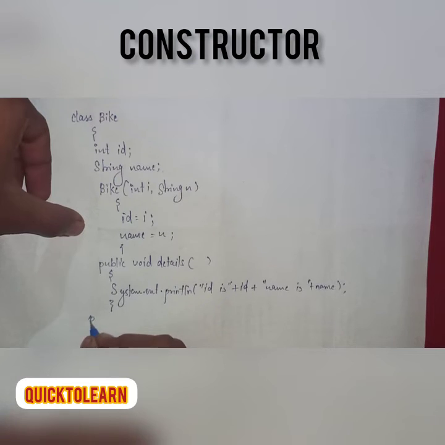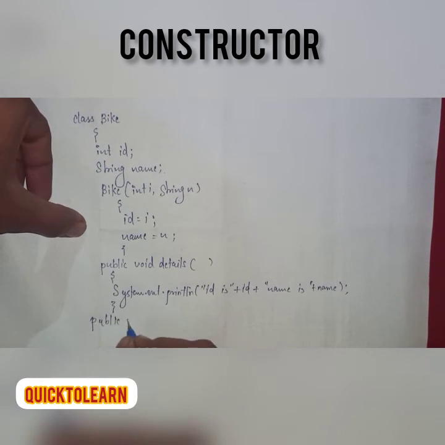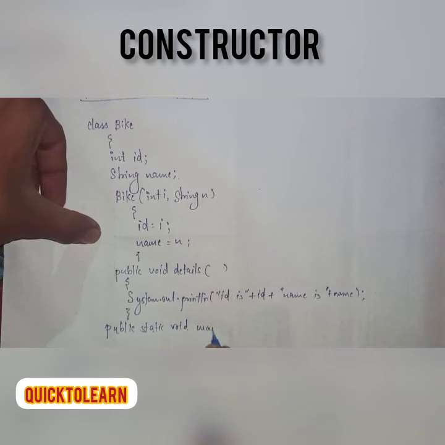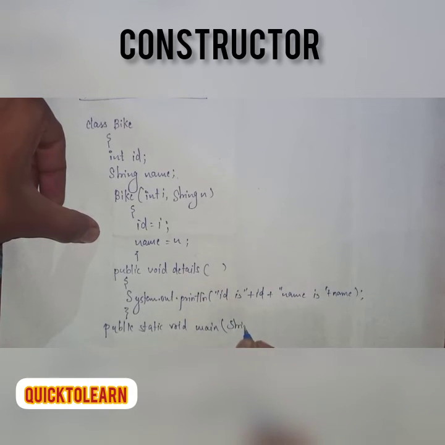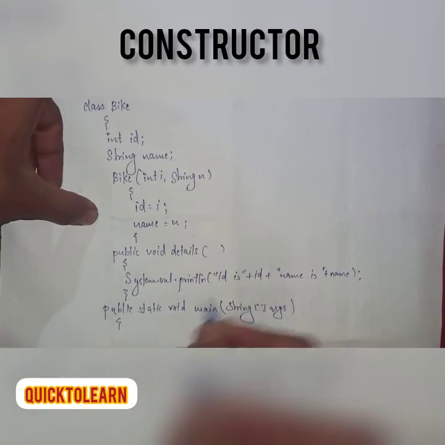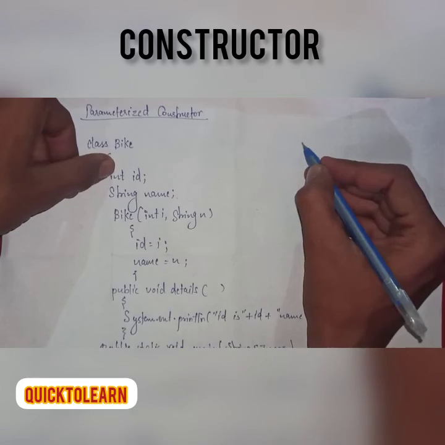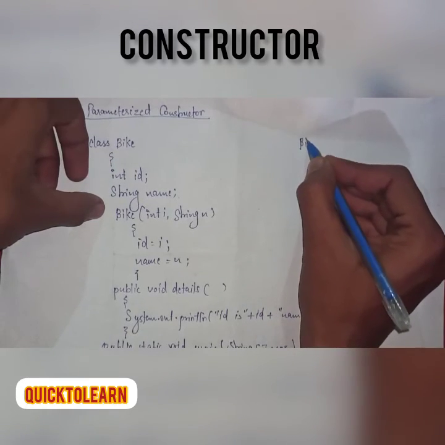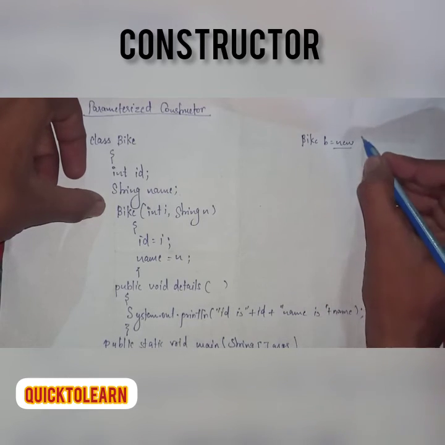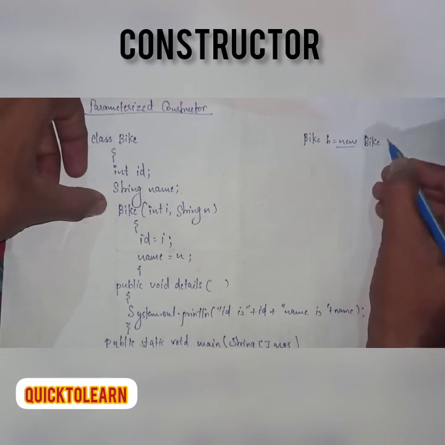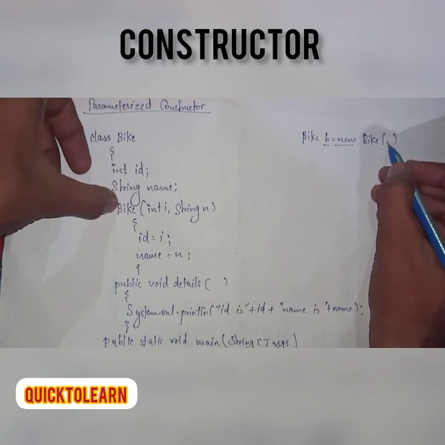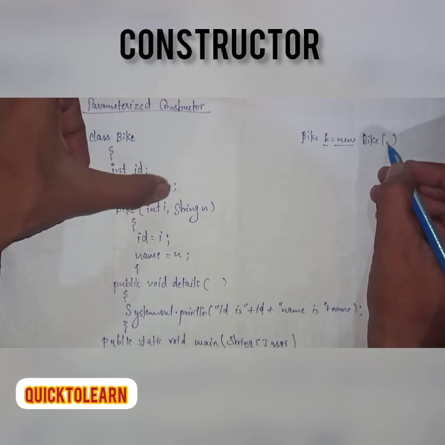And public static void main, our main method, String args. Here we create the object of the Bike class: Bike b equals new Bike. The new keyword is used to create the object, and the object name is b. We give parameters because the constructor takes two parameters, int i and String n.